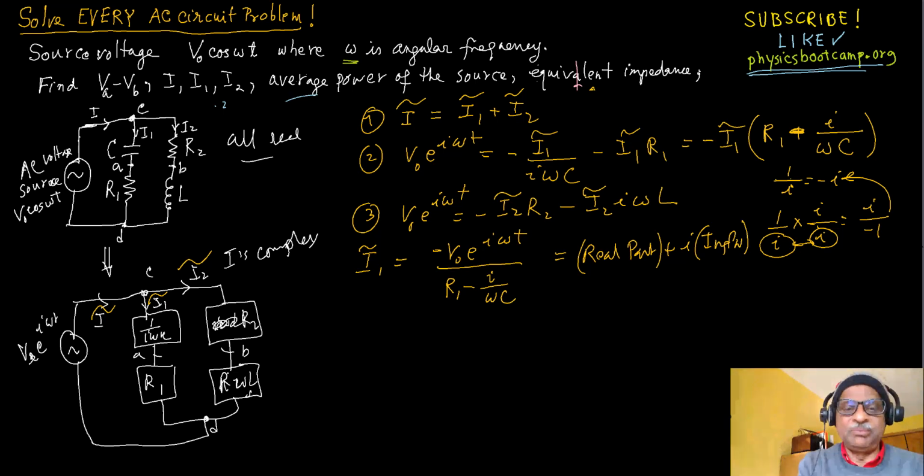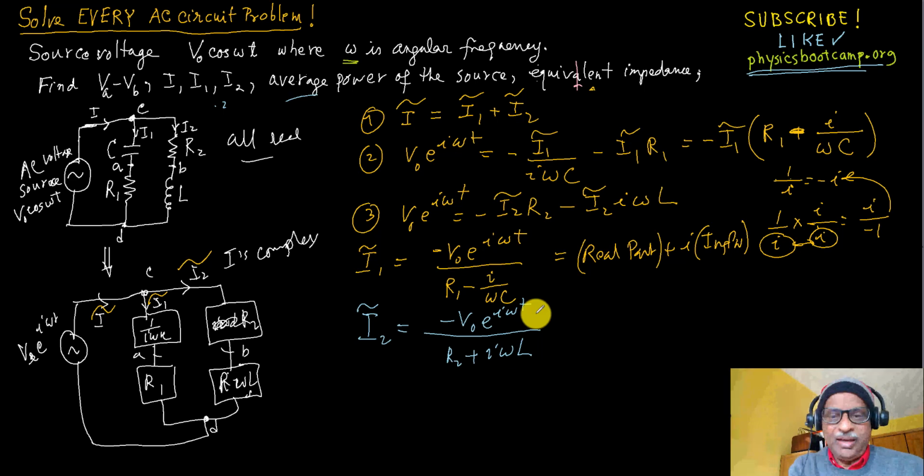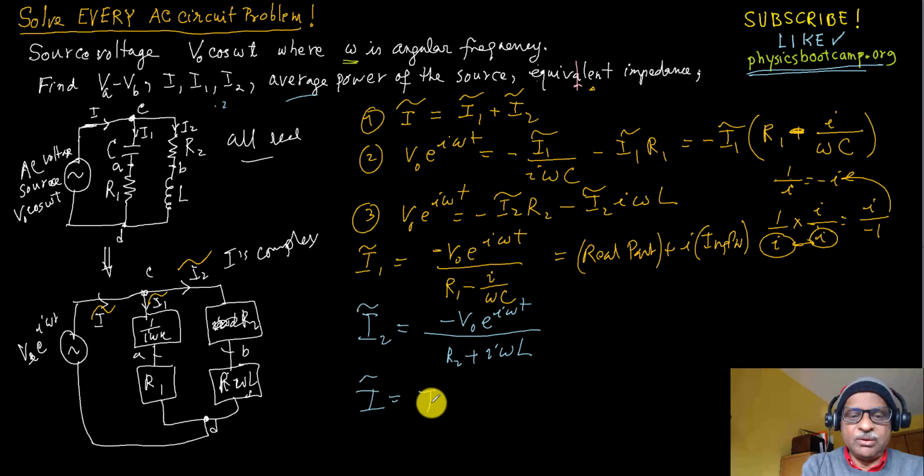I know that I'm taking a lot of time, but this is time worth spending, because if you're a student who likes a little bit of hard stuff, this is going to be very enjoyable. So this one is going to be the same way, minus v0 e to the power i omega t, and instead of this, it's going to be R2 plus i omega L. That means I tilde will be just I1 tilde plus I2 tilde.